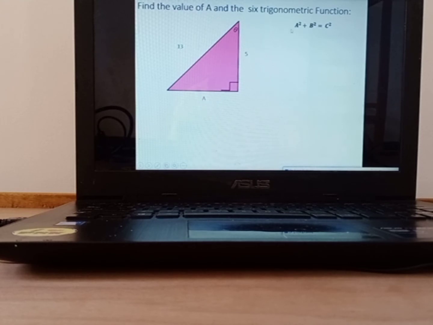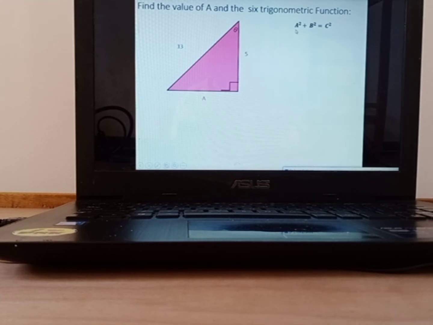You add these, and the result is the square of your hypotenuse. Or again, the Pythagorean theorem states that the square of our hypotenuse is equal to the sum of the squares of our 2 legs.